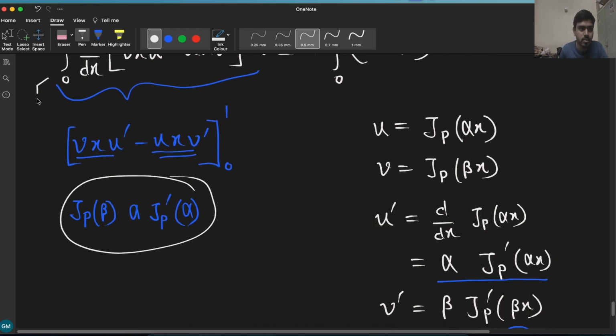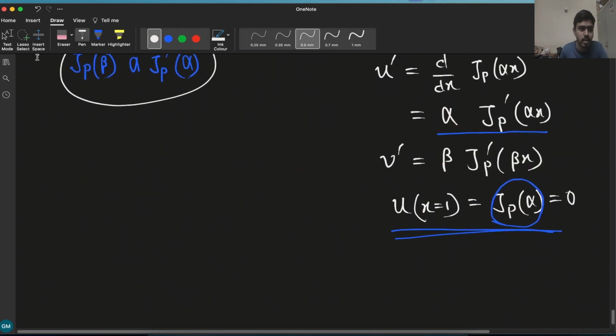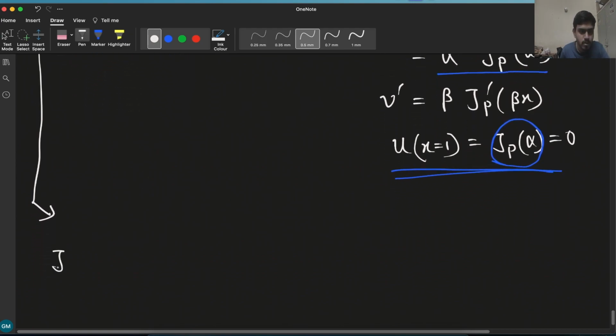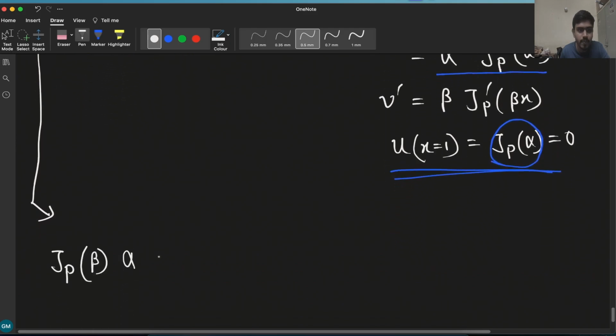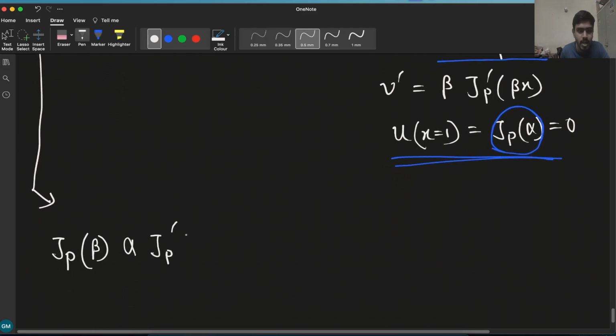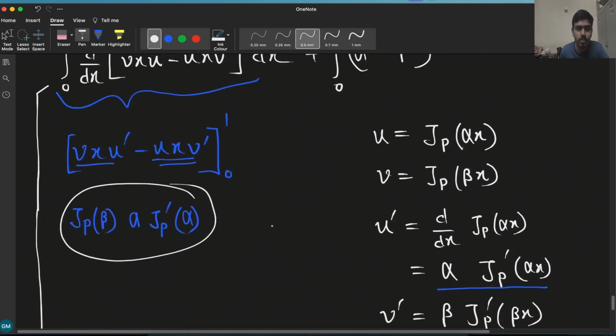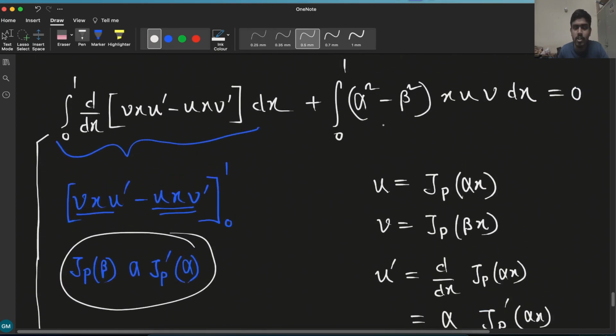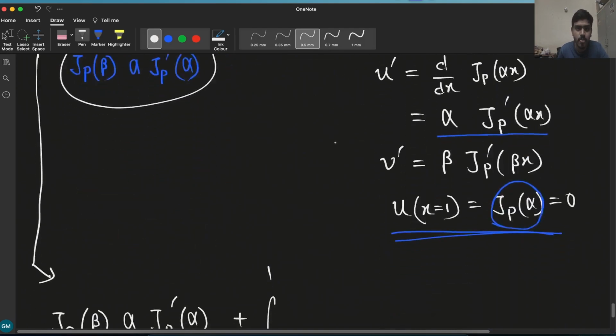So in that case, I can write this entire equation as J_p(beta) times alpha times J_p'(alpha) plus, and I can take alpha square minus beta square outside of the integral because it doesn't depend on x.